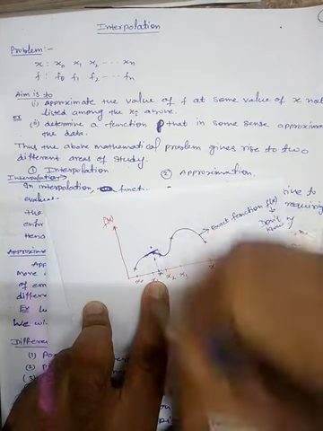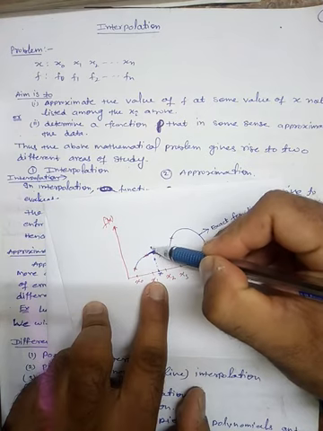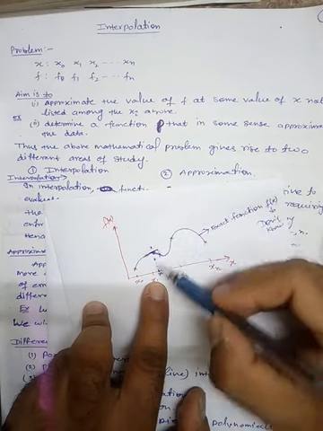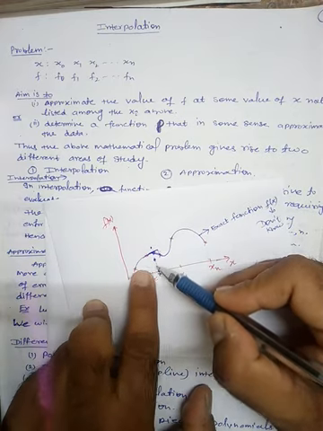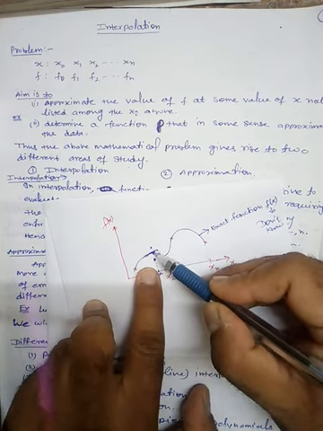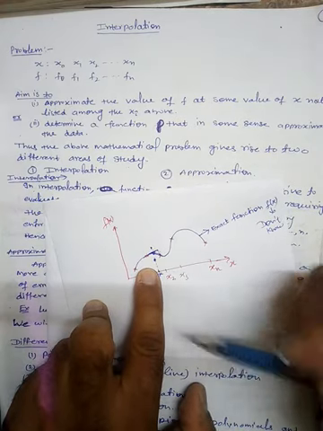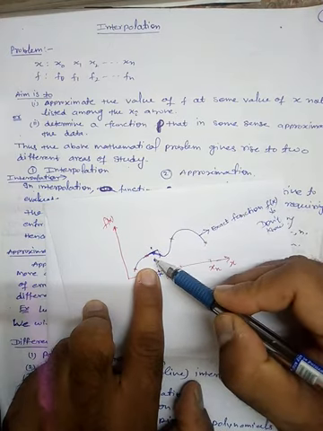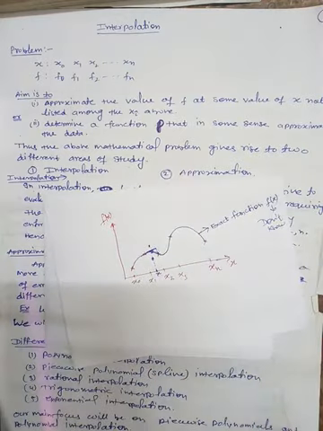This will give you some error, because here you are getting more than the exact value, and here if you get this result, then obviously you are getting less than the expected one. So in both cases you have some error, because the exact value is this, but you can get either this or this with the help of any other approximation.